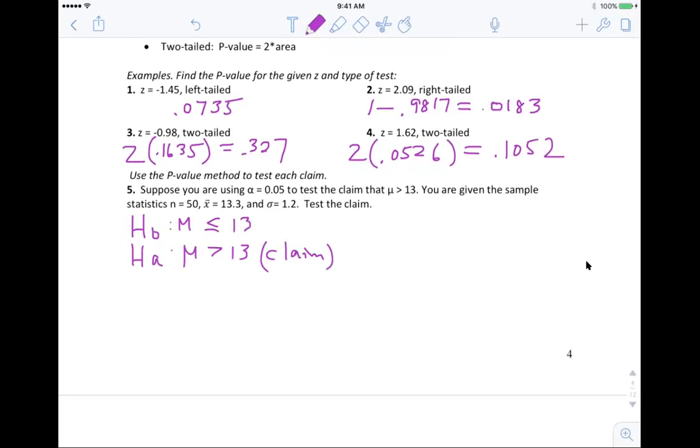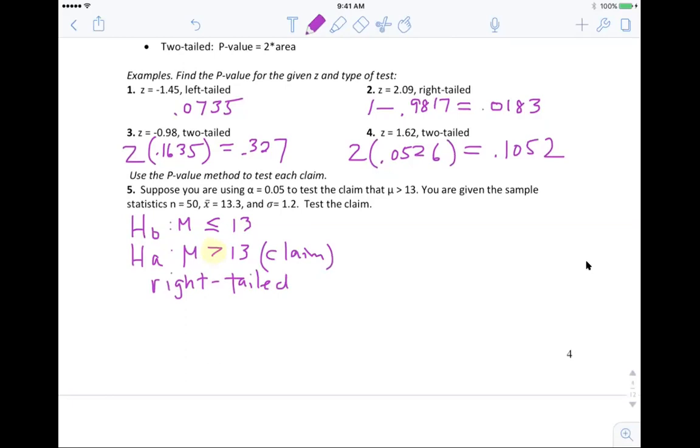The type of test is always based off of the HA. So I'm looking at this symbol right here for deciding the type of test. And since it's a greater than symbol, it's a right-tailed test. Those are all the things I want to write down for step 1.